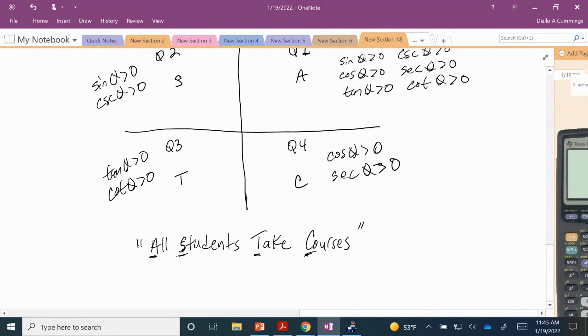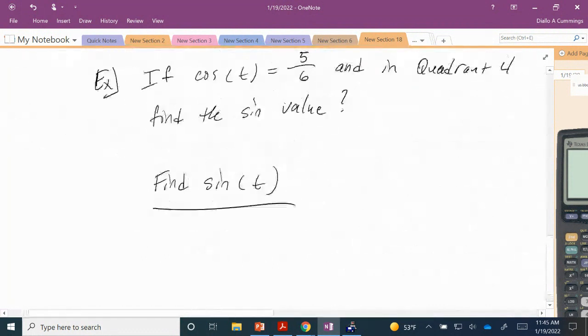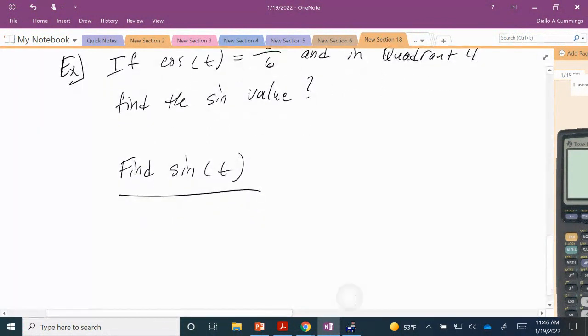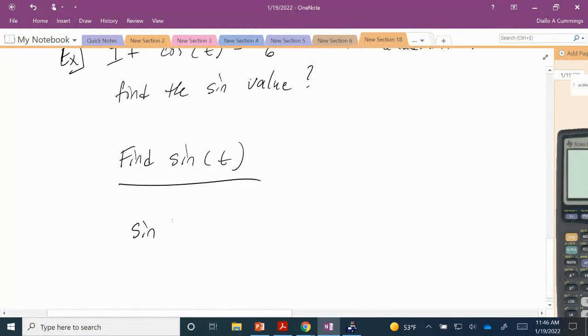Everything else should be negative. If I look at my problem, the cosine is positive 5/6. I'm asked to find the sine of t. Just by the fact of our reference angle chart, I know that the sine value should be negative. So the sine of t is equal to some negative value.